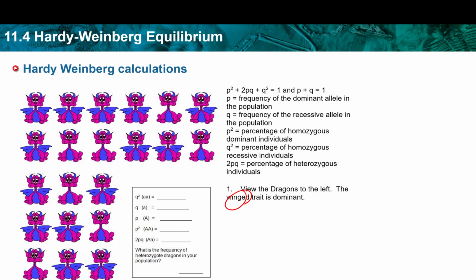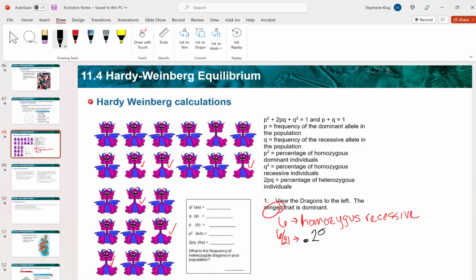So how many not wings do we have? We have 6 that are homozygous recessive. 6 of them. Now, how many do we have total? 21. So the percentage is 6 out of 21, 0.28. So that 0.28 is our Q squared.